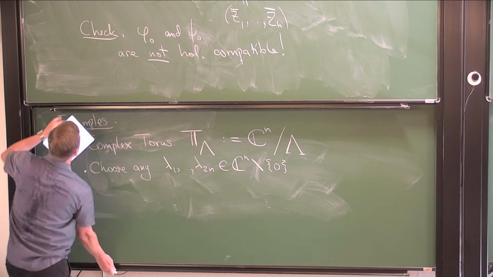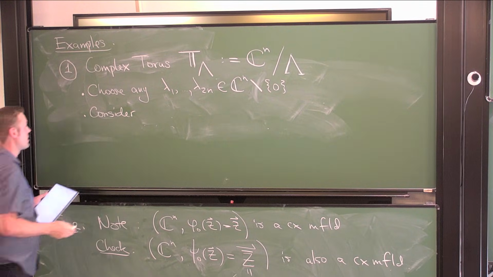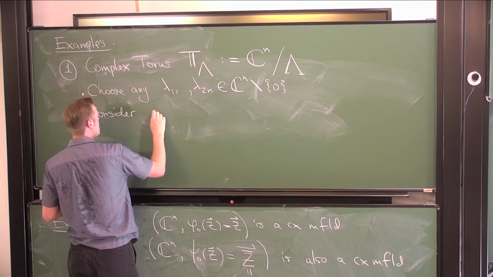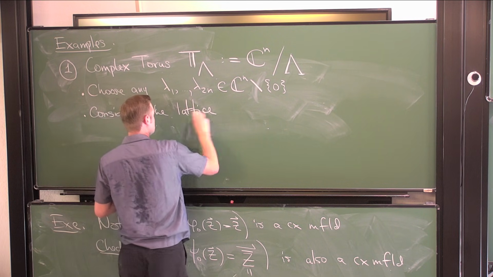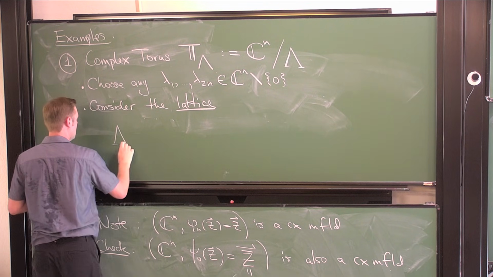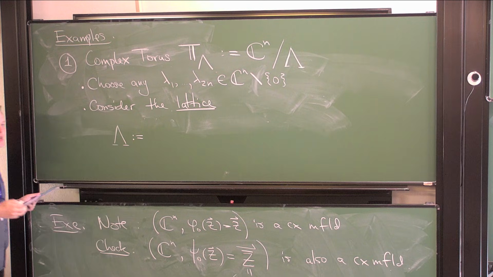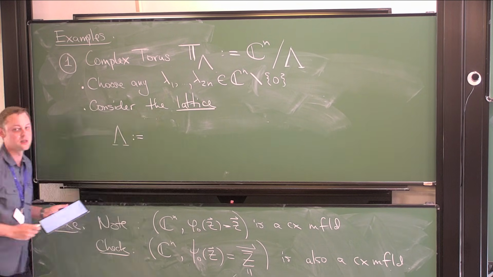These generate what we call a lattice. Consider the lattice, which I call lambda, and what it is really is the integer span given by these vectors.